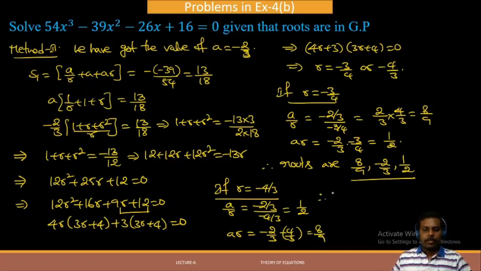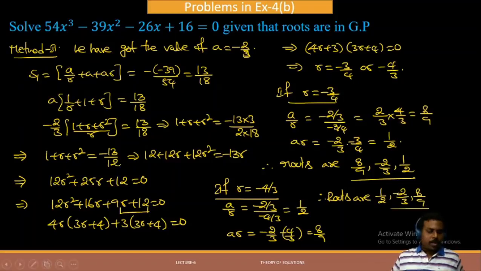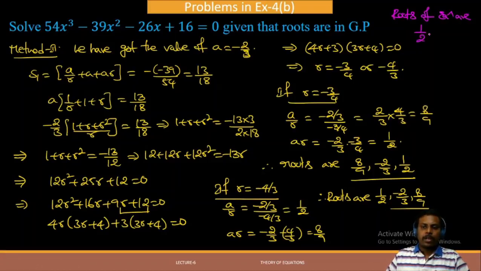So therefore the roots are, again in this case, 1 by 2 comma minus 2 by 3 comma 8 by 9. So in any case, the roots of the equation are 1 by 2, comma, minus 2 by 3, comma, 8 by 9.